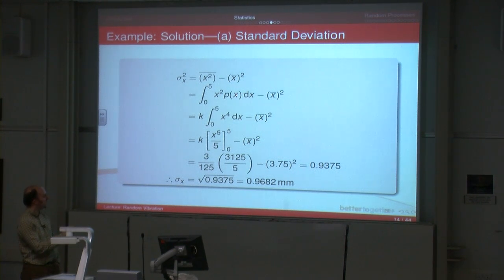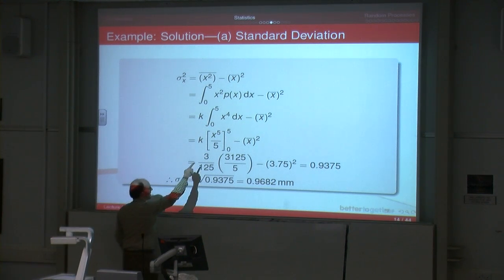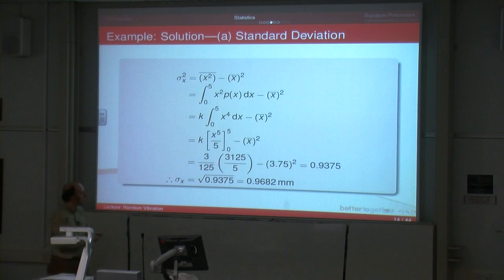You get x squared times kx squared, that's x to the power 4. The integral of x to the power 4 is x to the 5 over 5, between 0 and 5, times k. So you plug in 5 to the power of 5, which is 3,125, times k, and you get a value down here. You square root that, and you get your standard deviation, so 0.9682 millimeters.